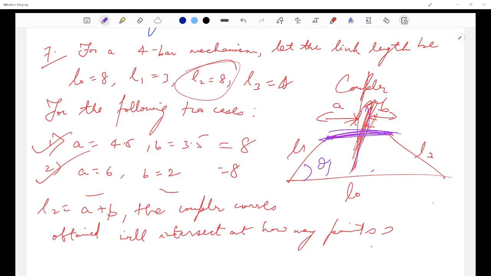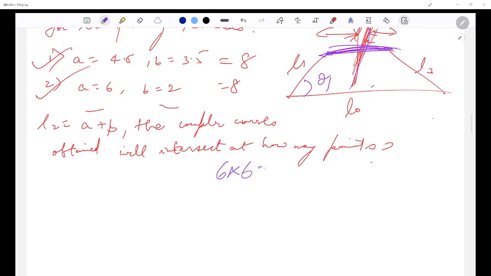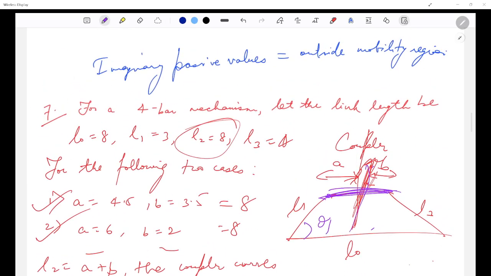There is an algebraic geometry result that two 6-degree curves can intersect at most 6 times 6, 36 points. But due to symmetry and mechanism constraints, only finite real intersections occur, right? So for this specific symmetric 4-bar geometry, the curves intersect at 4 real points and not more than that. The two coupler points lie on the same link.